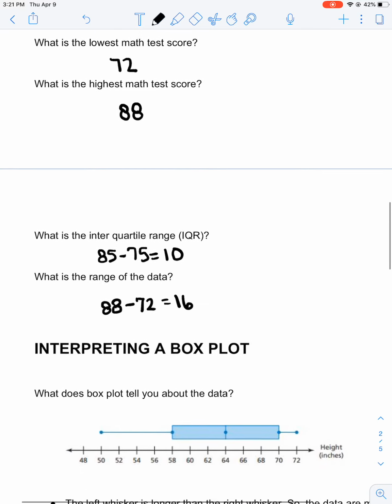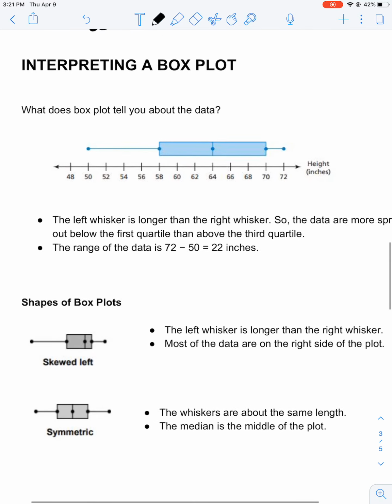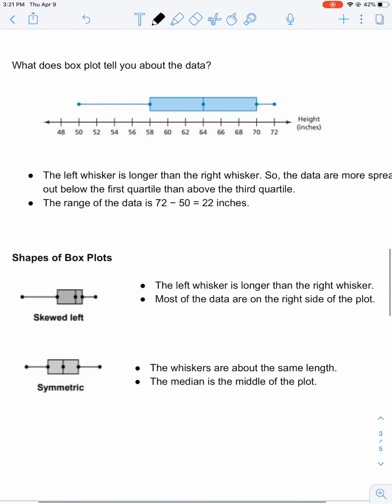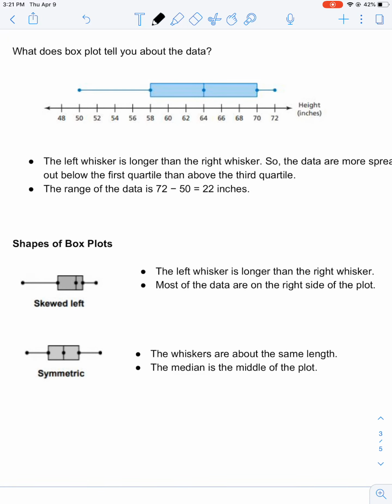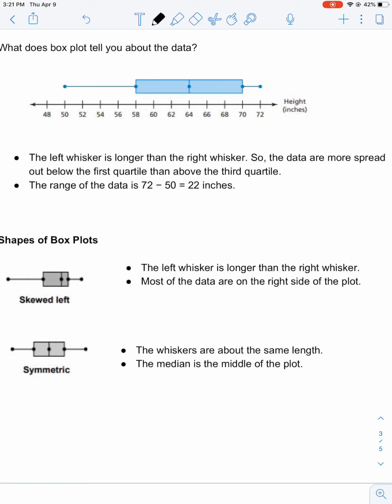So now interpreting a box plot when we're reading it. So it says, what does the box plot tell you about the data? Well, here we have a box plot about height in inches. So it says the left whisker, this here, right here, is longer than the right whisker.